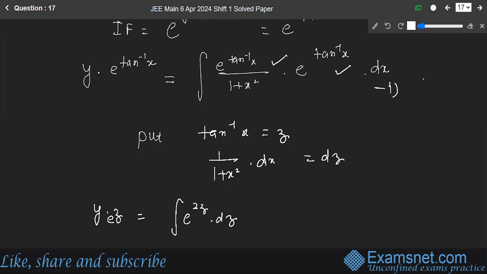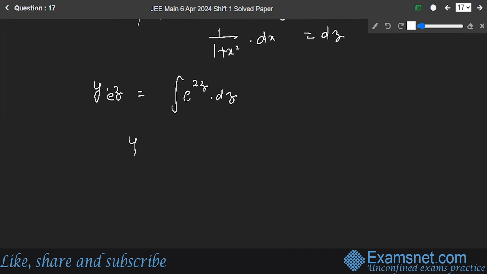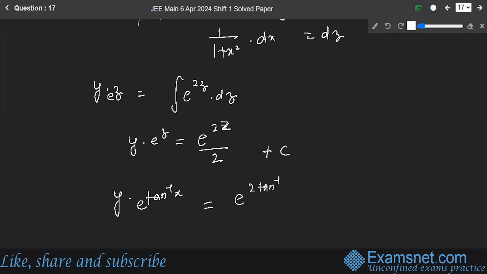Okay. So this on solving will give me y into e raised to power z is equal to e raised to power 2z upon 2 plus the constant c. So y into e raised to power tangent inverse x is equal to e raised to power 2 tangent inverse x upon 2 plus c.